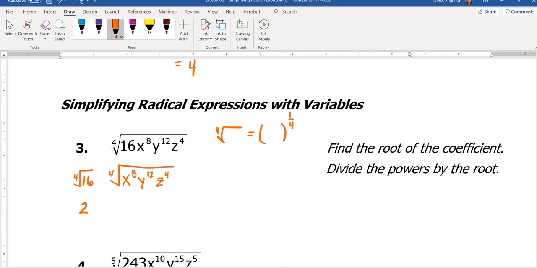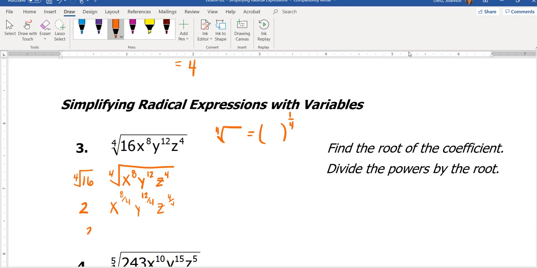So essentially I'm taking that exponent and multiplying it by 1/4. The way I like to think about it is I'm going to be taking each exponent and dividing it by the root. So you have x to the 8 over 4, y to the 12 over 4, and z to the 4 over 4. And then I'm just going to simplify those down.